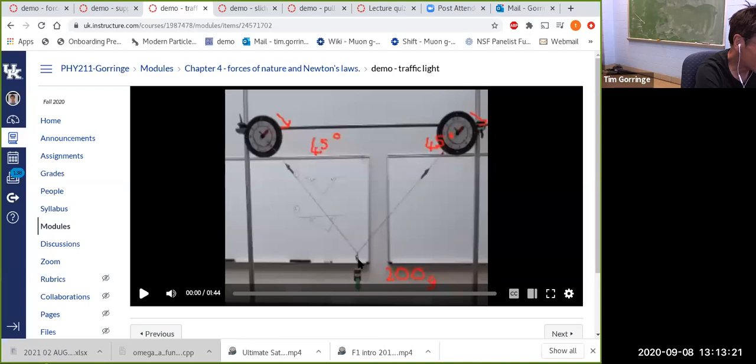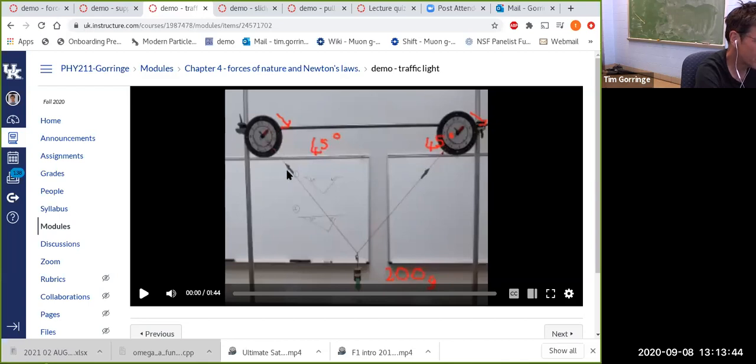There's a little short cable here, number 3. And then there's the cable on the left, number 1, we called it. Cable on the right, number 2, we called it. And at this moment, you see that the angles of the cables are both 45 degrees to the horizontal.